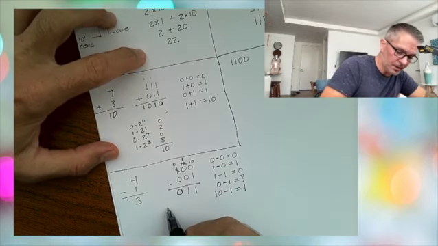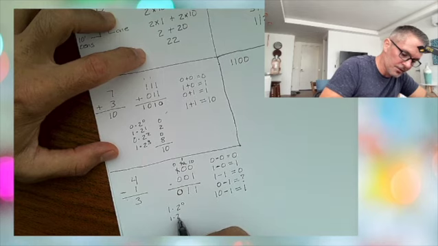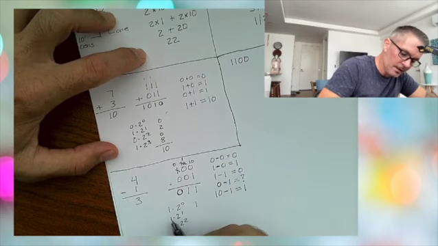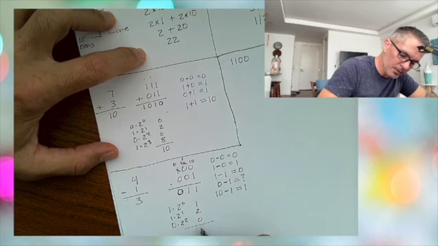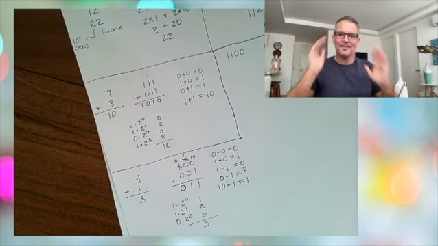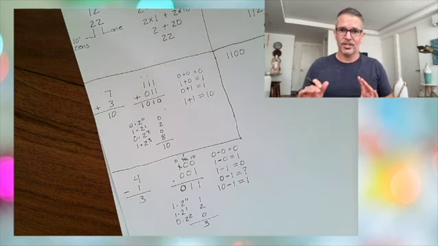Let's check ourselves. 1 times 2 to the 0, 1 times 2 to the 1, 0 times 2 to the 2. This equals 1, this equals 2, this equals 0, and we end up with 3.